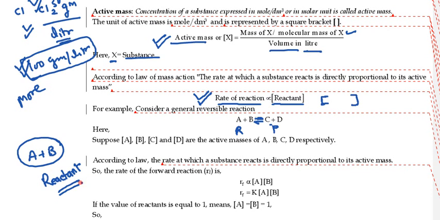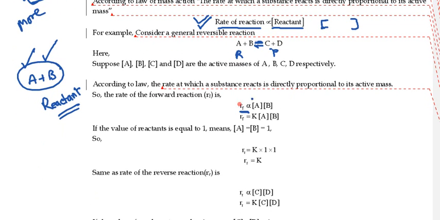So the rate of reaction is directly proportional to the active mass of A and B. How much amount of A and B you have, on that basis the rate of reaction increases. Here you can represent it by RF.